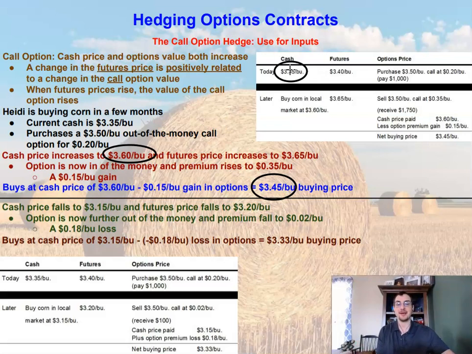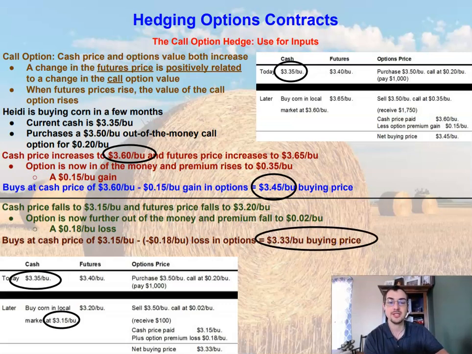Down here, we started off with a cash price of $3.35 and it decreased by 20 cents, so we have a 20-cent fluctuation in the actual commodity price. Our price risk is rather large, yet the change between the original cash price and the net buying price was only 2 cents. What we're doing here is minimizing that price fluctuation. We're trying to lock in our price, to set it up so we know what our prices are going to be from the beginning.